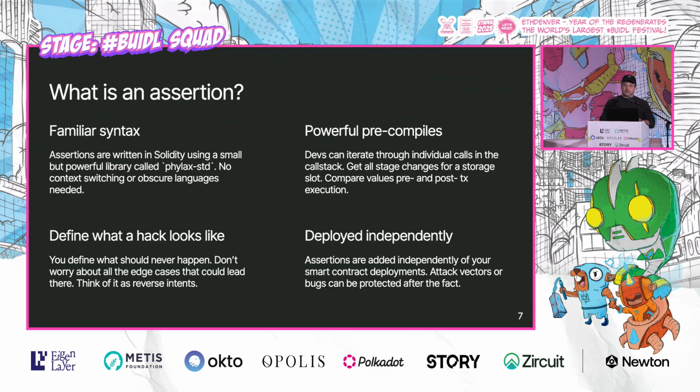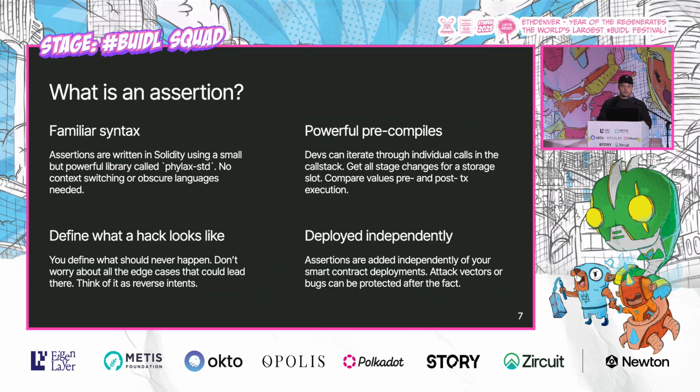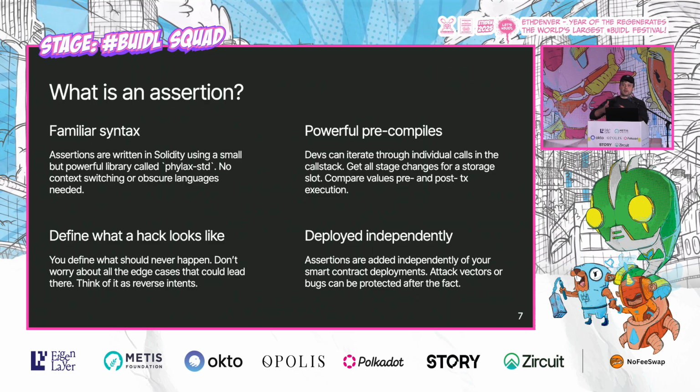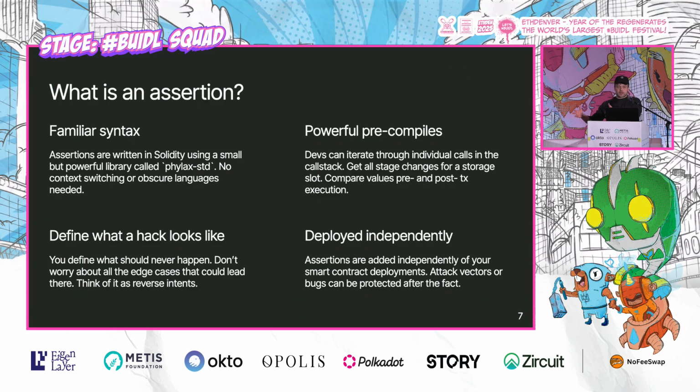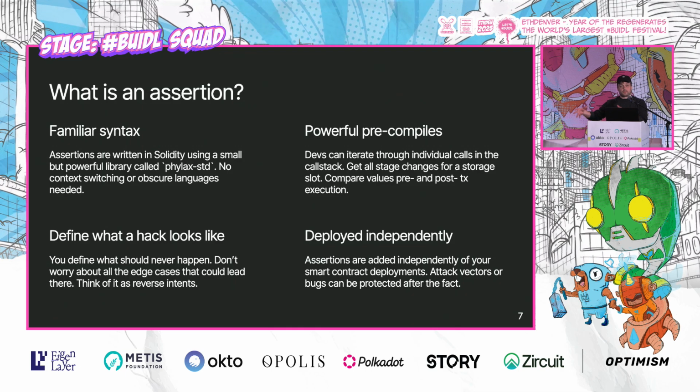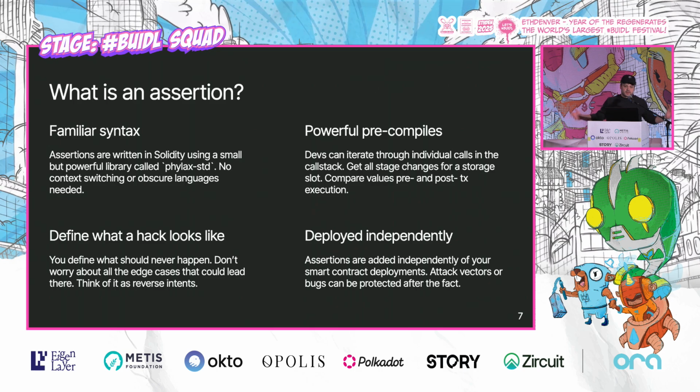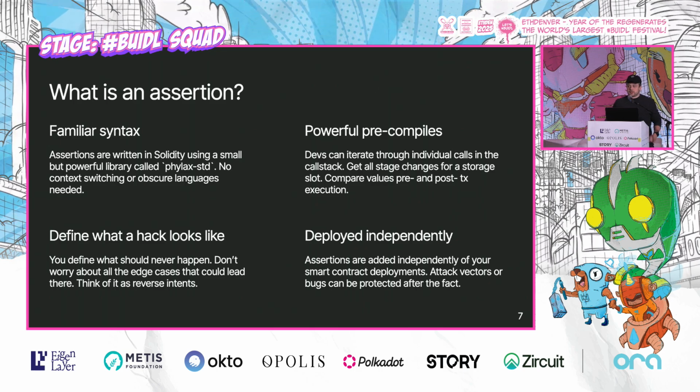What our library includes is a bunch of powerful precompiles that allow you to compare state before transactions and after transactions. So you could have a value before the transaction, and then after the transaction you can compare it. And if, let's say, it's a price from an oracle that is going up more than 20% in one transaction, then that's probably something's wrong, and you could just ignore that transaction.